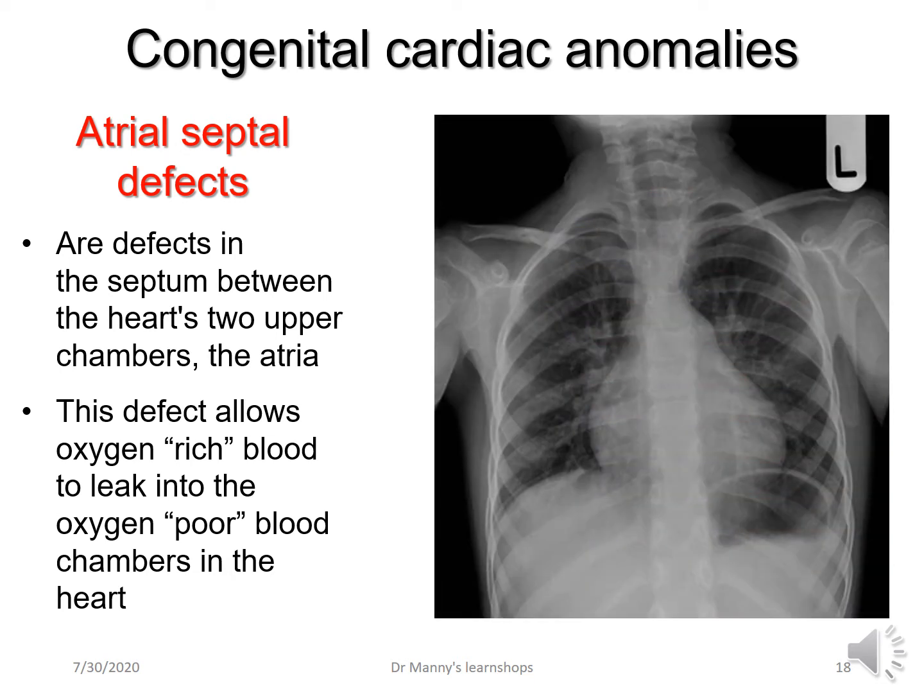On a chest X-ray, you may see enlargement of the atria, possibly not. What you typically might see is pulmonary edema, increased whiteness in the lung fields, possibly cardiomegaly or enlargement of the heart. Or you may see nothing until it evolves into a more serious condition as the child gets older.